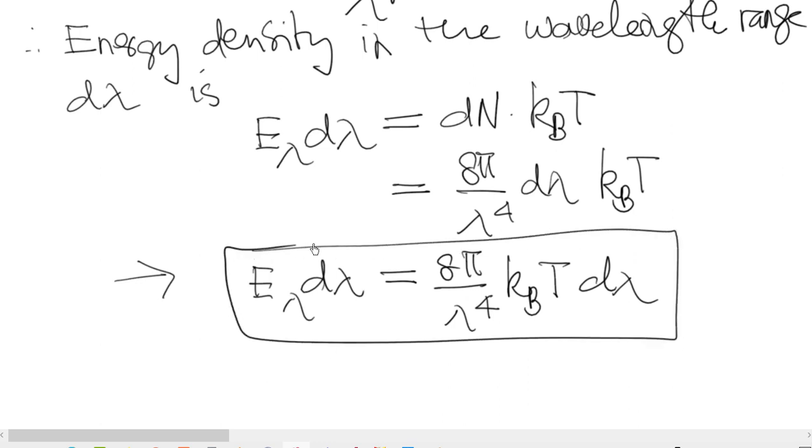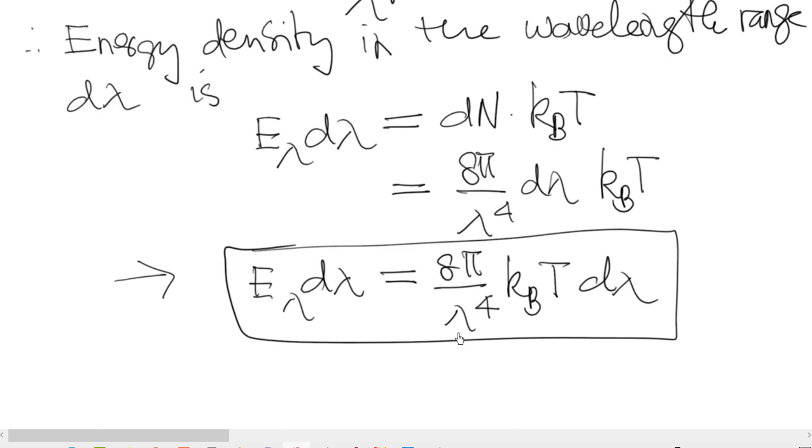this is the formula of Rayleigh and Jeans, and from this formula we see that as lambda decreases, the energy density E lambda gradually increases without going through a maximum, and ultimately becomes infinite as lambda tends to 0.